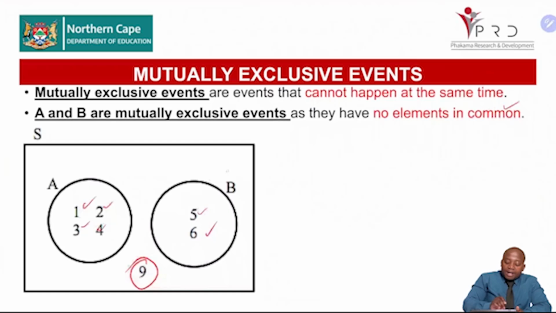When you have an outcome that is not lying in any of the events, that outcome is written just inside of the box, but not on the circles.